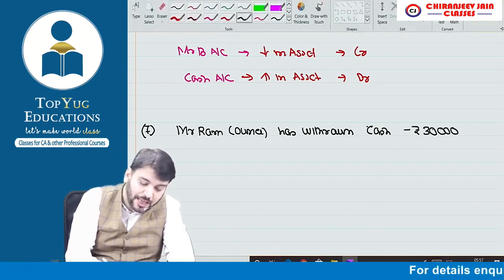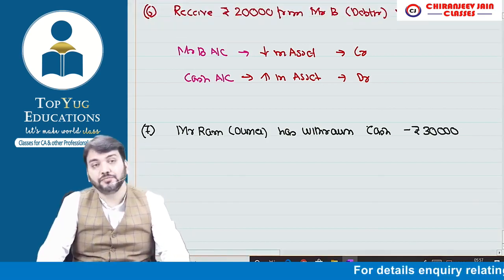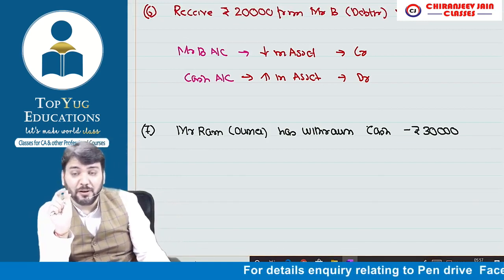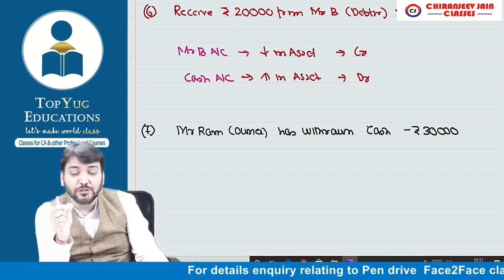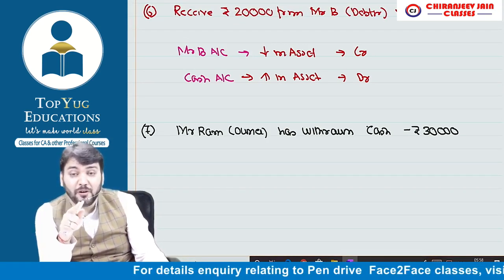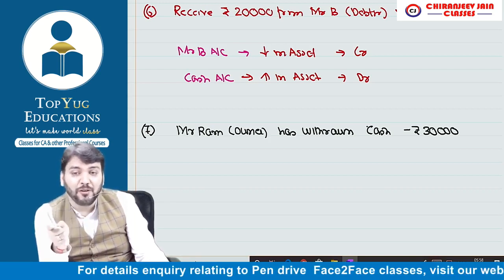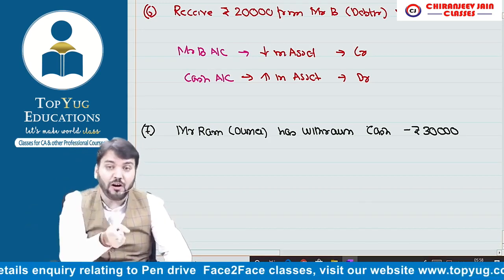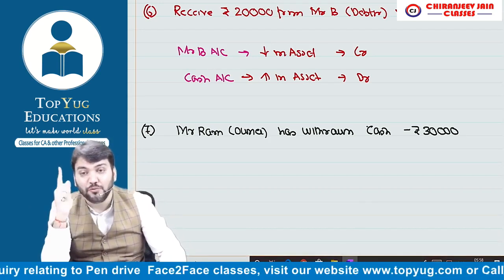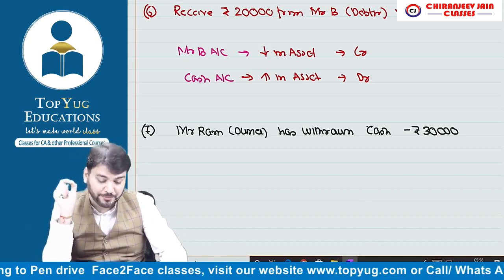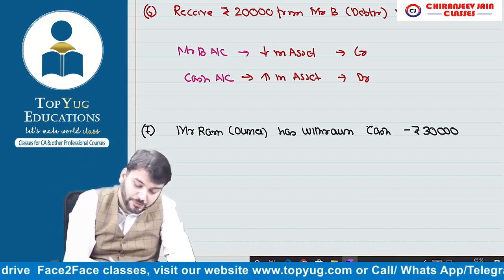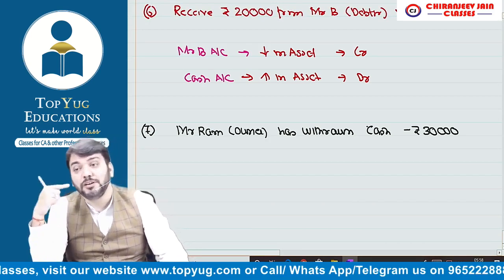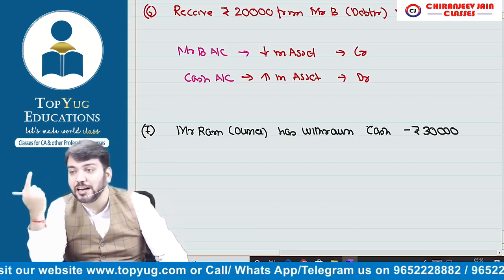Now I have said to you about owner. Whenever owner introduces, we use capital account. Whenever owner withdraws any amount from business, which account do we open? Everyone respond. जब owner withdraw करता है तब हम कौन सा अकाउंट ओपन करते हैं?